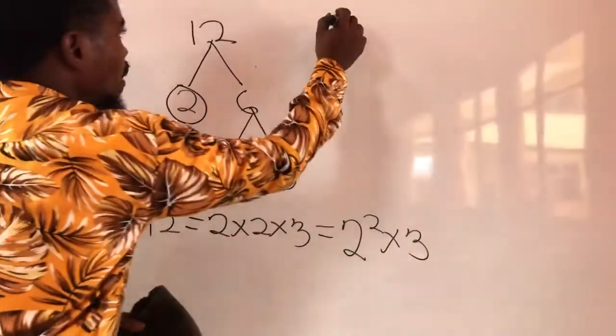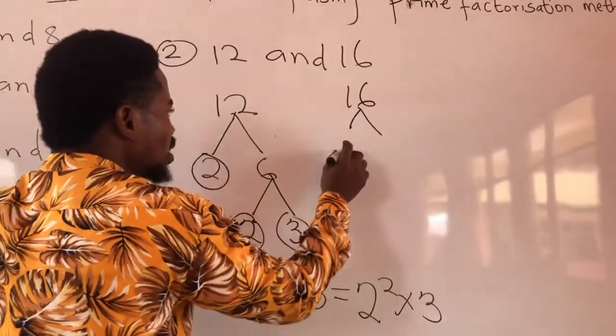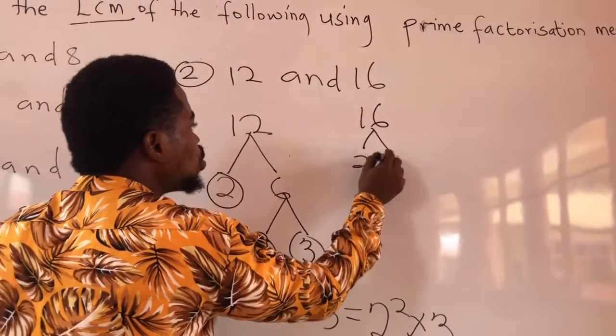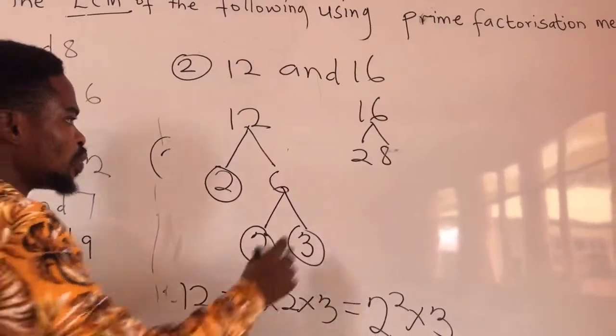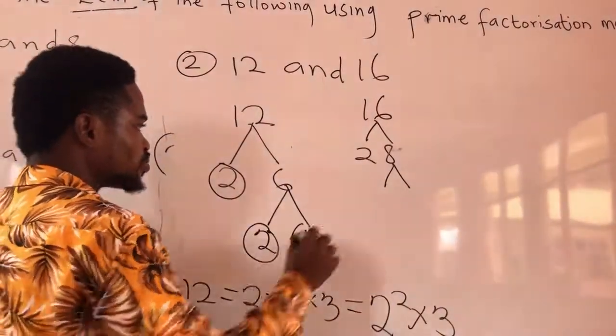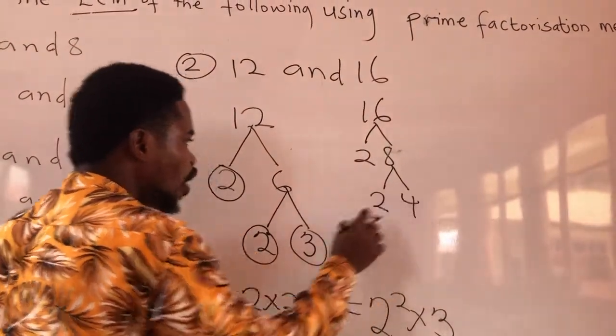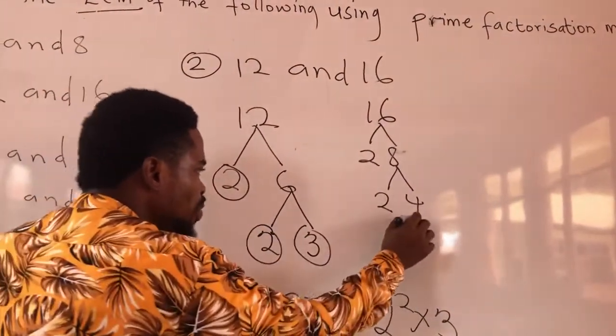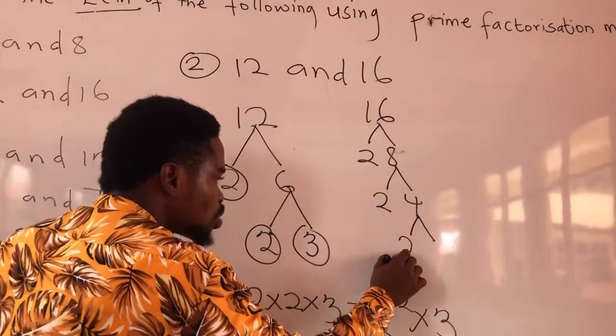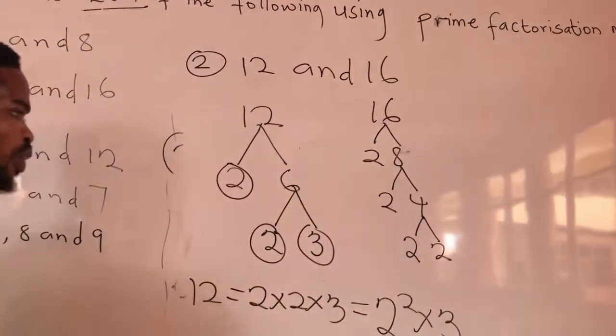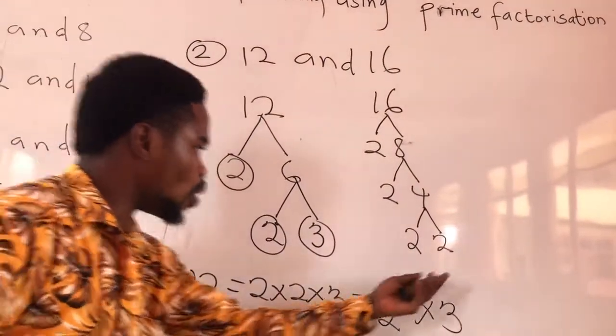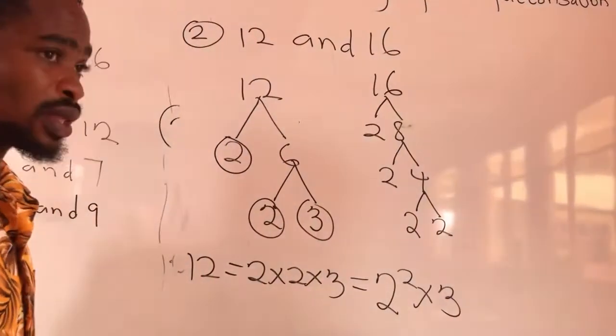Then we come here. Now 16 is 2, 8. Then we break this one, which is 2 times 4 will give us 8. Then we break the 4 down, which is 2 times 2 will give us 4. So this is our final destination.